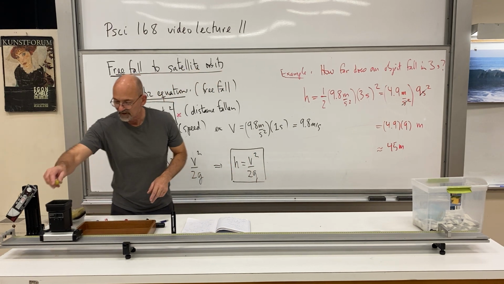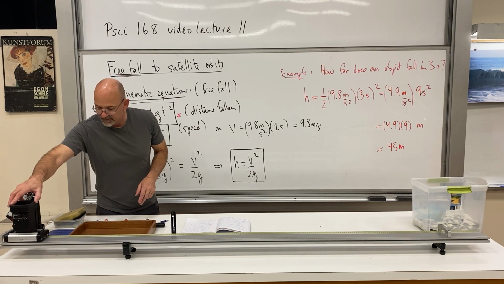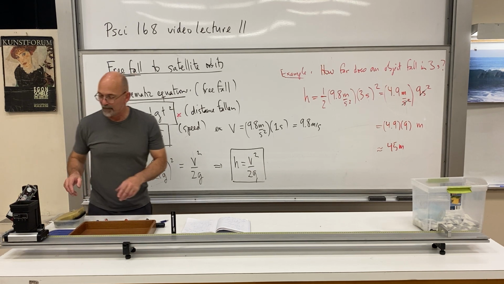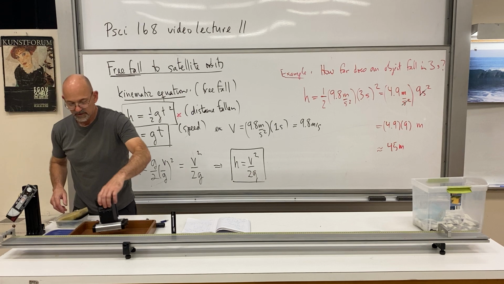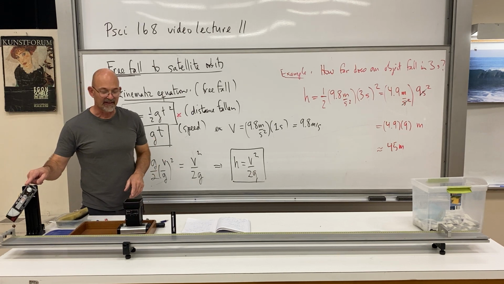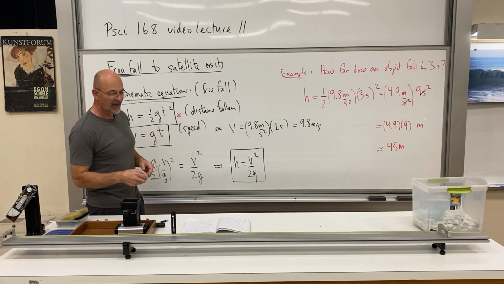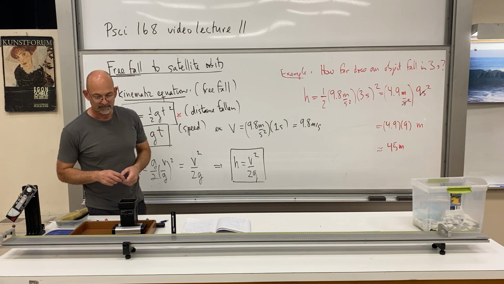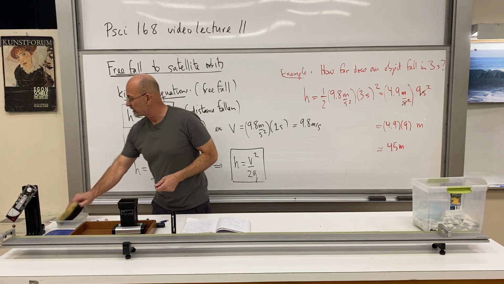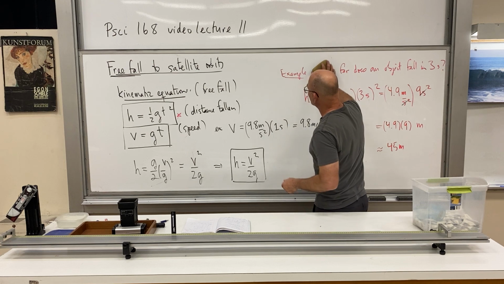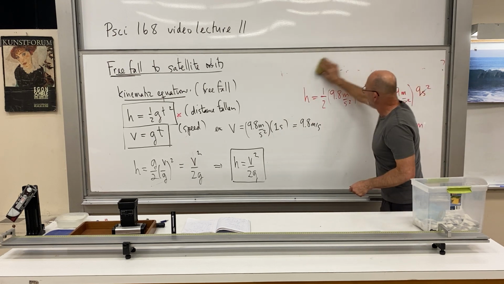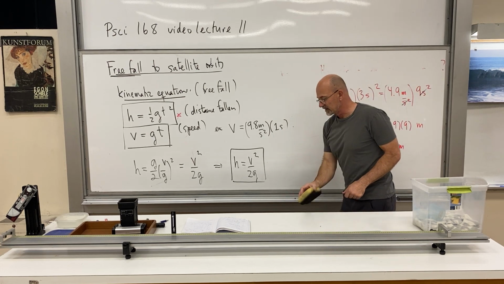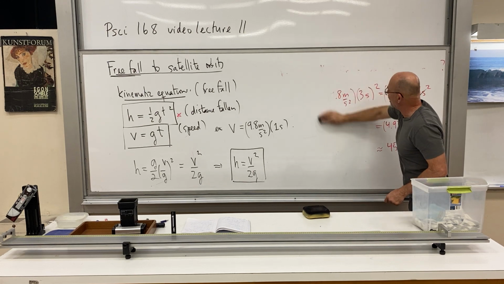Another interesting aspect of this demonstration is that I can compare it to a little projectile cannon that I have here, and I'll do that as well. So let me put a couple of these ideas on board, and then we'll continue on.